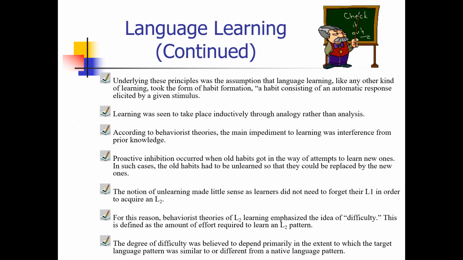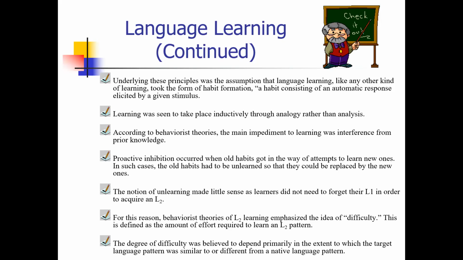Okay, I want to continue about language learning. Underlying this principle was the assumption that language learning, like any other kind of learning, took the form of habit formation, a habit consisting of an automatic response to a given stimulus. Learning was seen to take place intuitively through analogy rather than analysis.